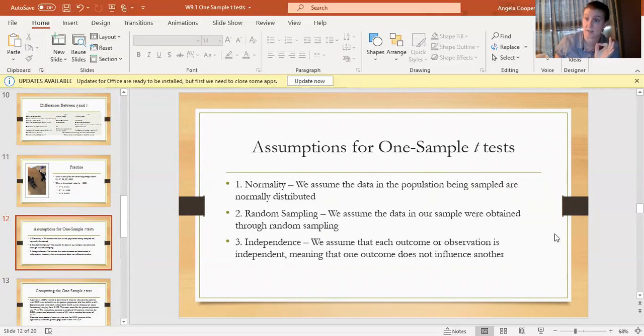I know that's quite an assumption, considering random sampling is not commonly done in statistics or in psychology, but these are assumptions we make. And finally, we assume independence, meaning that each outcome is independent. One outcome does not influence the other, the population mean does not influence the sample mean, etc.